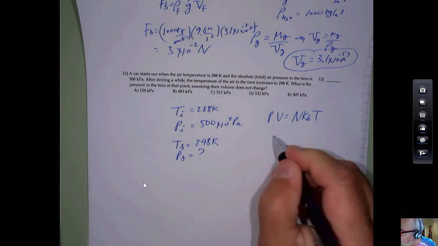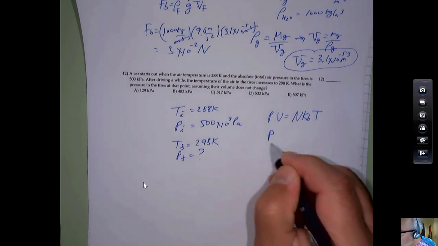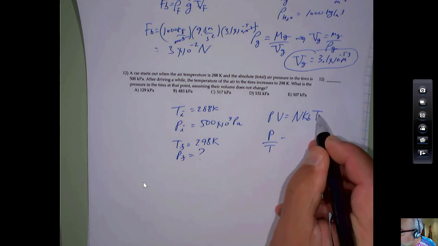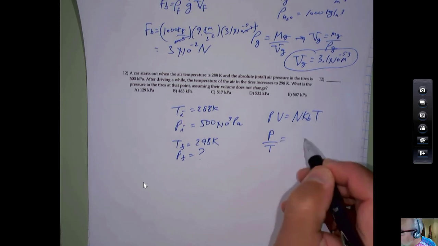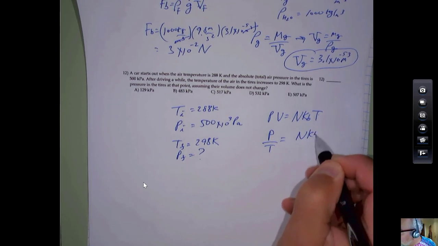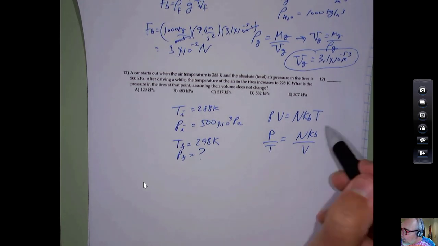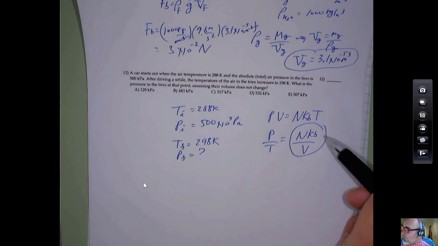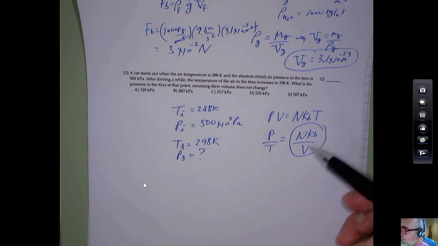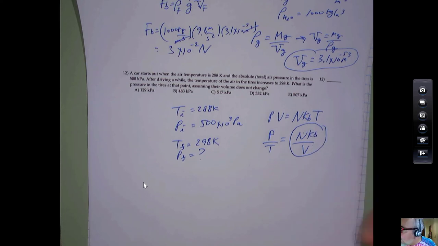So I could write this as P over T, moving the T to that side, is equal to the number of particles times Boltzmann's constant, divided by the volume. When you start out, you have the same number of particles, Boltzmann's constant, and volume. That part does not change, right? So I could do it like this.